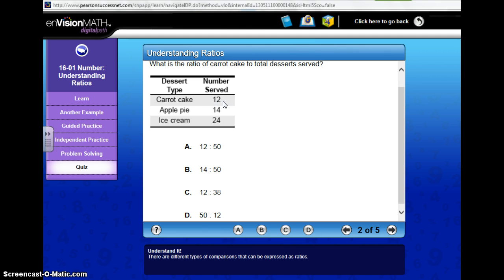Now, this one you would have gotten if you only added up the pie and the ice cream. But when it says all or total desserts, that means all of them, including the one you're talking about. Okay, so you're right, it is A. Now, bonus point. Can you simplify or reduce 12 to 50? If you can, and you know it, raise your hand.